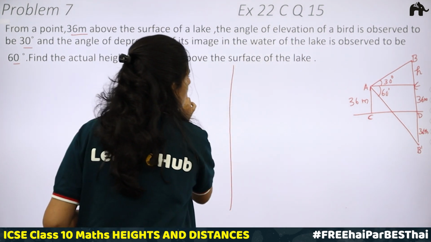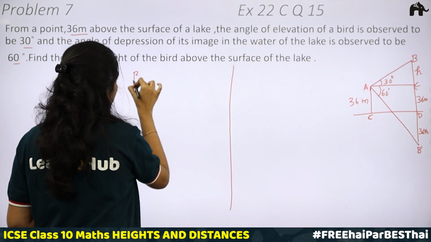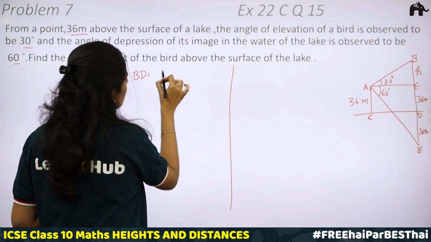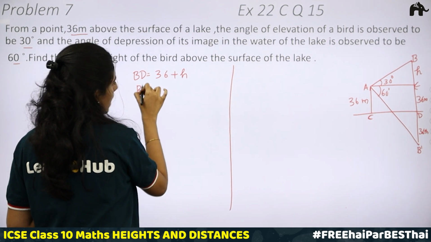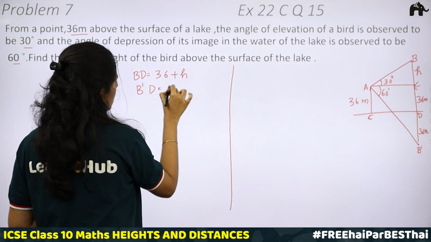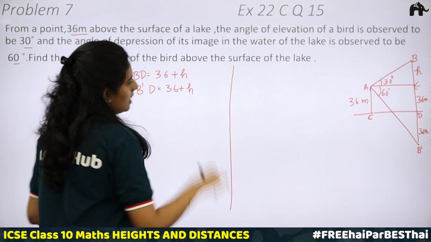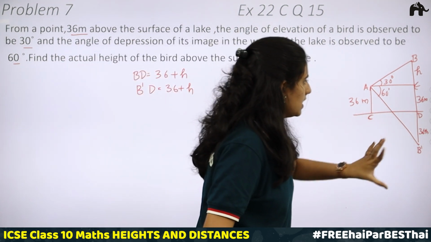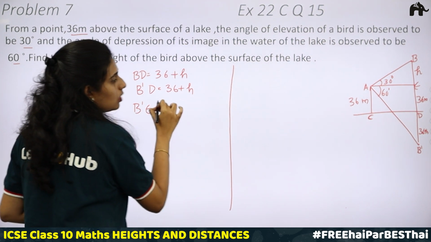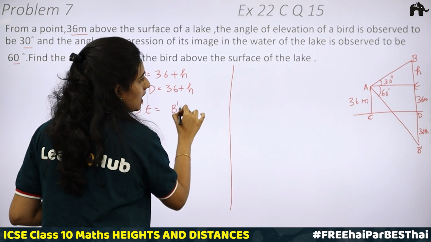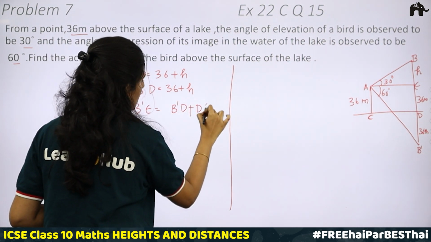Here we have BD equal to 36 plus H. Therefore, B dash D will also be equal to 36 plus H. If B dash D is 36 plus H, what is B dash E? B dash E will be equal to B dash D plus DE.